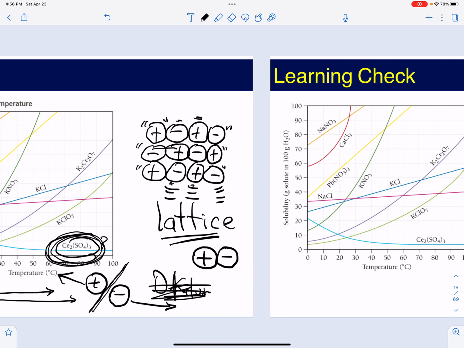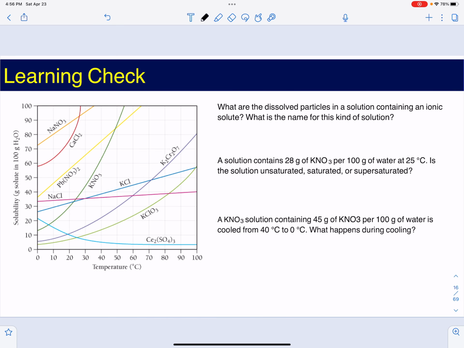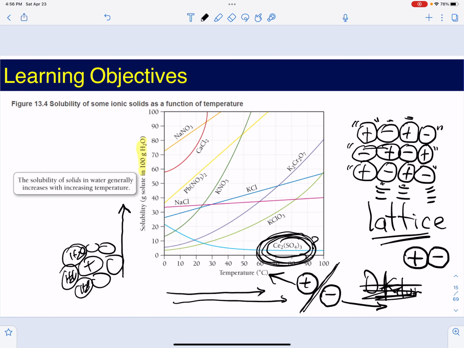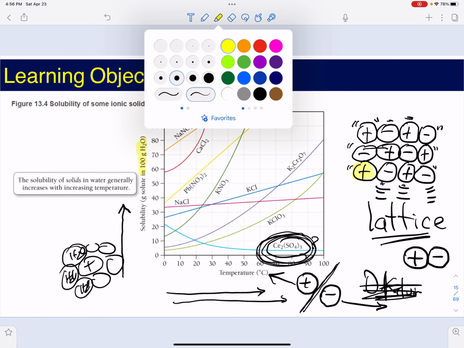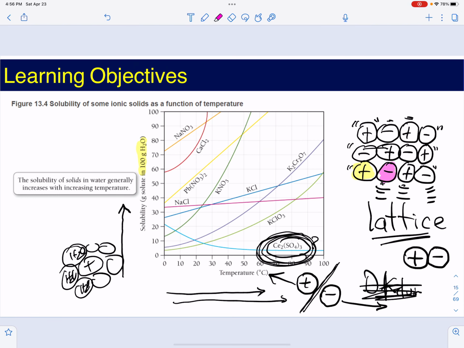So with that in mind, let's answer these three questions. First part, what are the dissolved particles in a solution containing an ionic solute? I just showed you. If we have an ionic solute, we're going to have cations and anions.